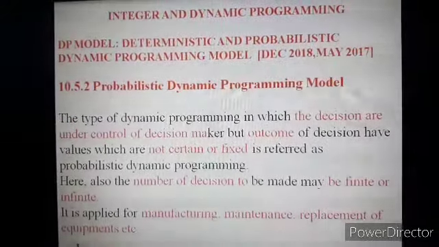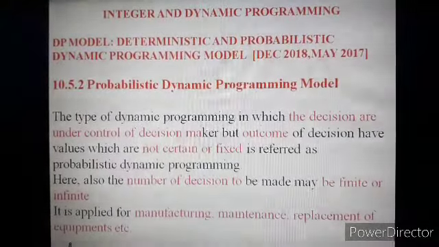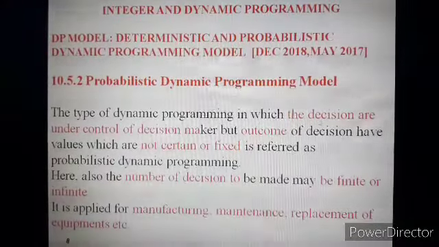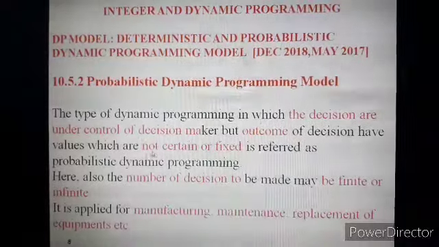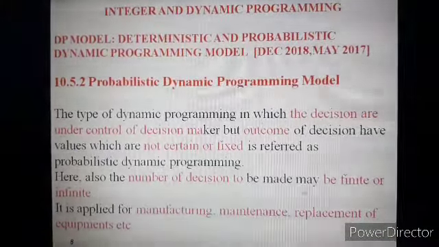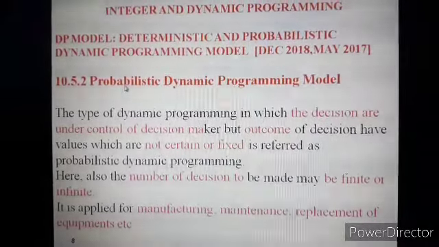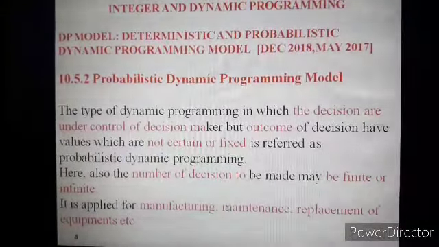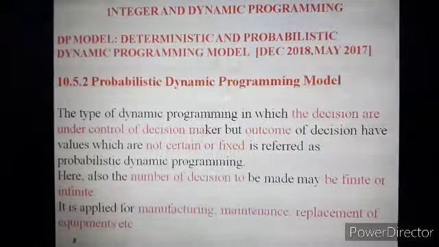Now let us discuss the probabilistic dynamic models. Probabilistic models are exactly the reverse of the deterministic models. In these models, the decisions are under the control of the decision maker, but the outcomes of decisions have values which are not certain or fixed. Again, the number of decisions to be made may be finite or infinite. We can use these probabilistic models for manufacturing of various products, maintenance of products or of the various machines required for our production.